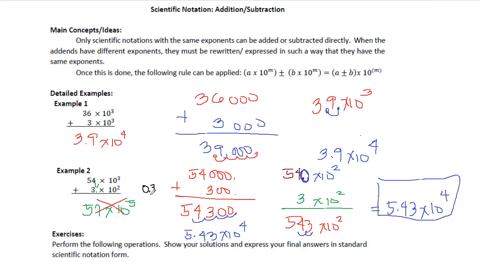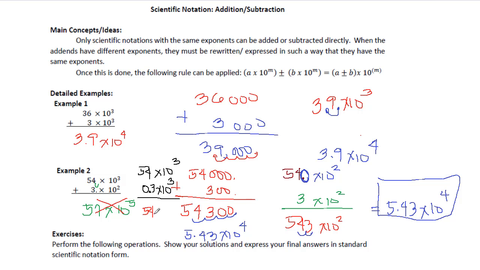So now we are no longer in standard scientific notation, because we want to force this one to have an exponent of 3. That is still allowed, of course, as long as you know what we're doing. Okay, so these are scientific notation, but just not in standard form, because the number here is now no longer between 1 and 9. Now we can add them up since they both have an exponent of 3.